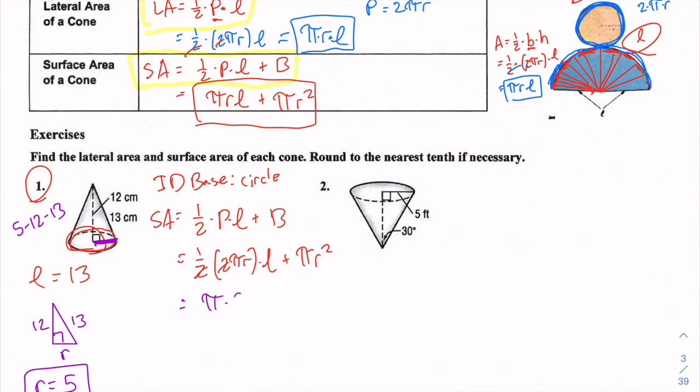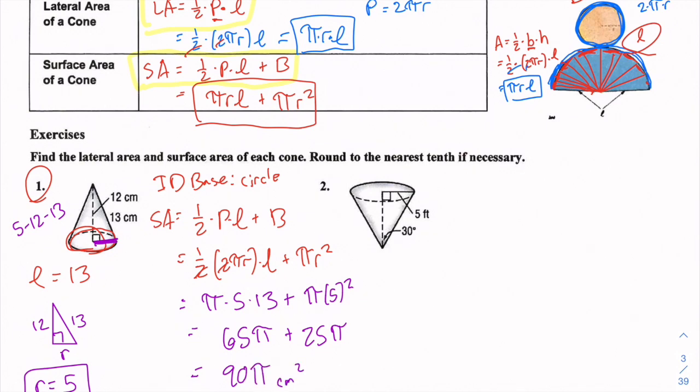Plug it in. Slant height is 13. 65 pi plus 25 pi. Surface area is 90 pi centimeters squared.